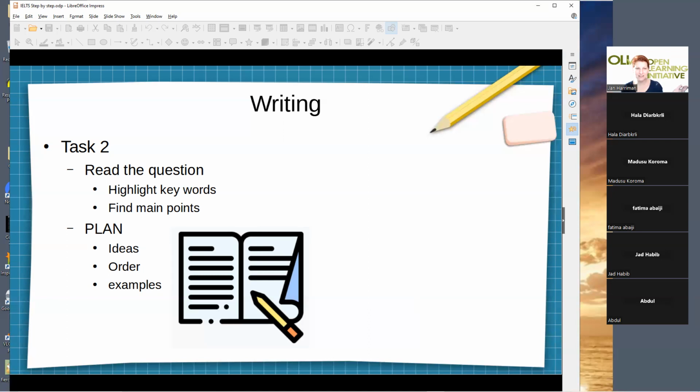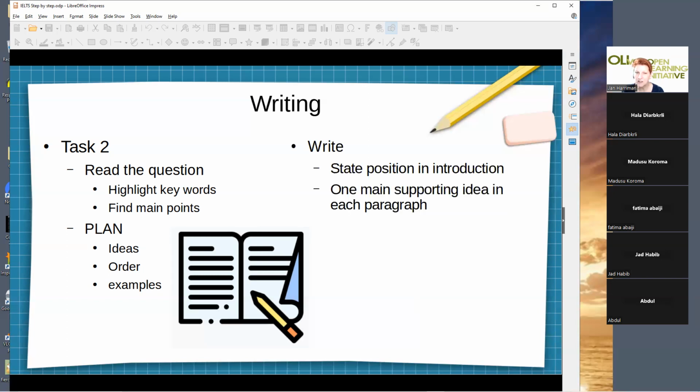And you could take all of this and go back to my clothing essay and see that I've got specific examples for everything that I say, right? State your position in the introduction. Make sure that your opinion is in the first paragraph. Make sure you put your opinion in at the beginning.